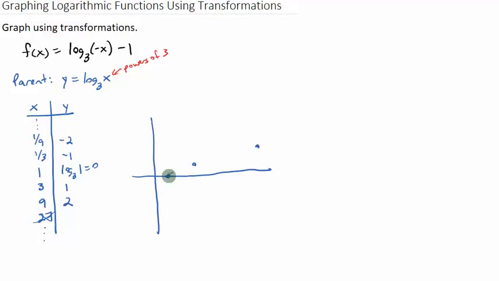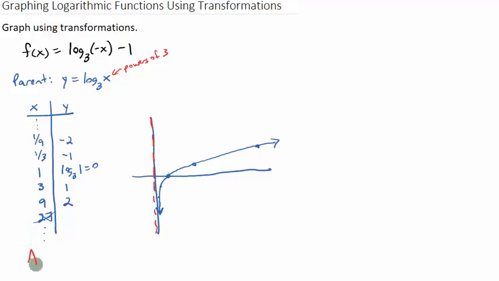So to the right, our graph is flattening out. Then I need to plot 1/3, negative 1. So I go right 1/3, and I go down 1. And I go 1/9, negative 2. And you keep getting closer to the y-axis here. So this is our parent function with an asymptote on the y-axis.